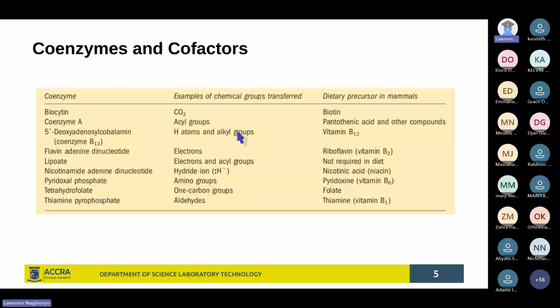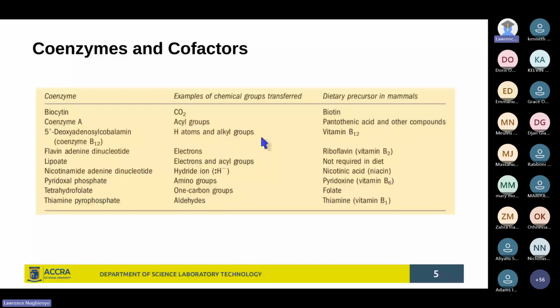We see deoxyadenosylcobalamin. So even the name for coenzyme B12, cobalamin, tells you that there is even in this coenzyme a metal ion, and that is cobalt, and this is involved in the transfer of hydrogen atoms, or say protons, and some alkyl groups like methyl group, ethyl group, propyl group, etc.